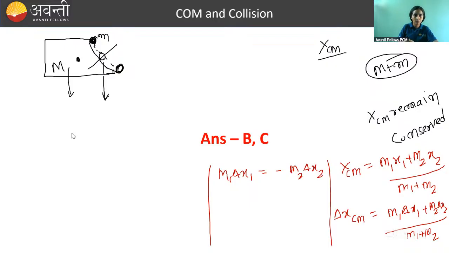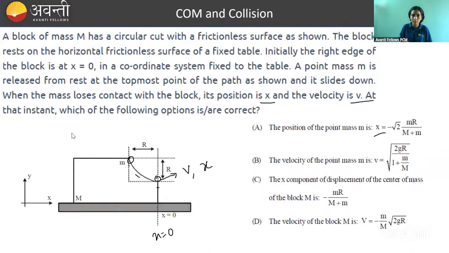So अब चलो x coordinate को हम ध्यान से trace करते हैं. So initially, finally हम क्या लिखने वाले हैं? What will be the change? I mean small m mass कितने distance से आगे गया? X wise, it moved forward by a distance of r. R है ना? Yes, that is r.